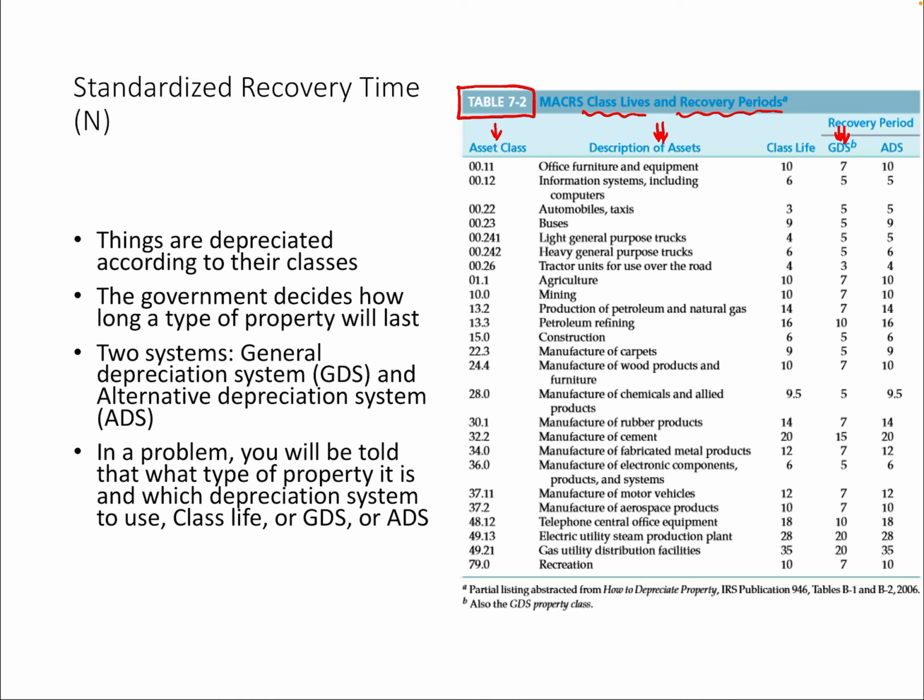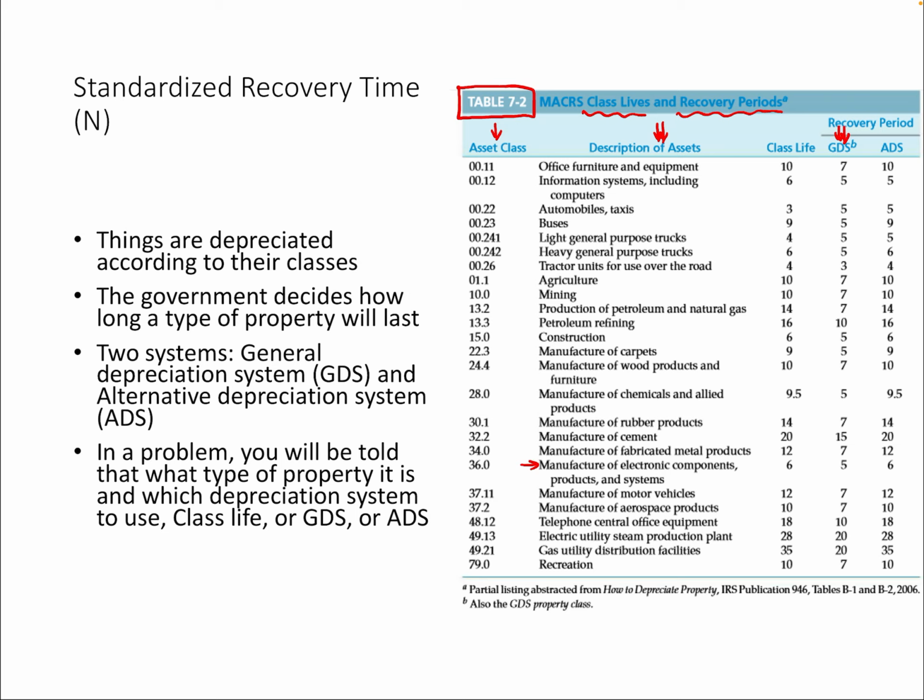The second column is the description of assets. So here is the thing you need to read through and determine what is the class of your asset. For example, if you bought some semiconductors to produce maybe some electronic components, then you will read through this and find that your semiconductors are used for manufacture of electronic components, products, and systems.